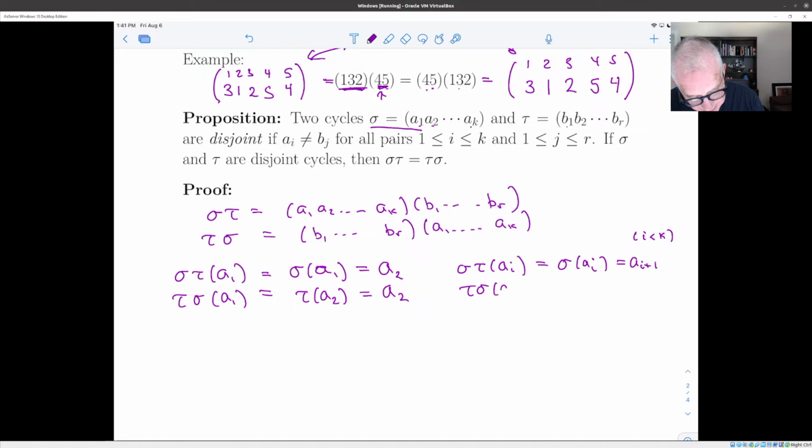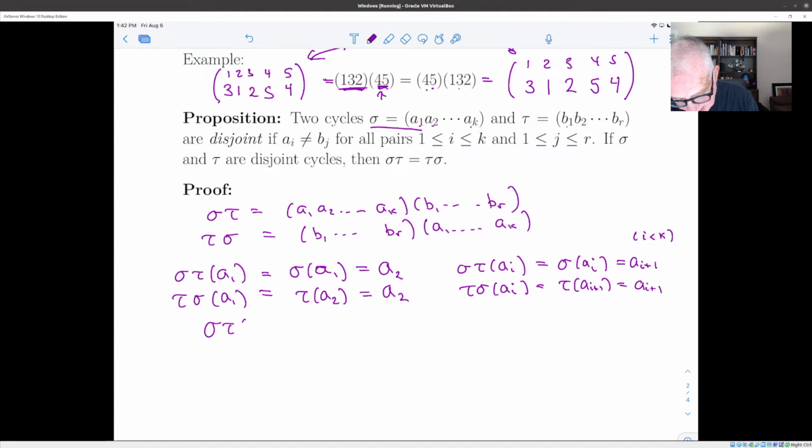And tau sigma of A_i is tau of A_{i+1}, which is A_{i+1}, because sigma sends A_i to A_{i+1}, but tau doesn't move A_{i+1} because tau doesn't mention any of the A's. And then finally, you could check what happens at the very end.